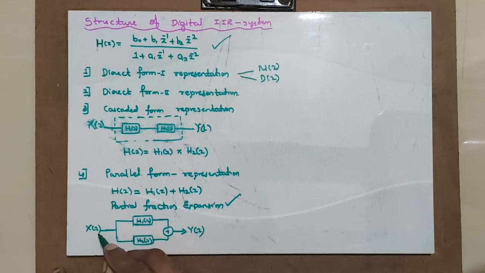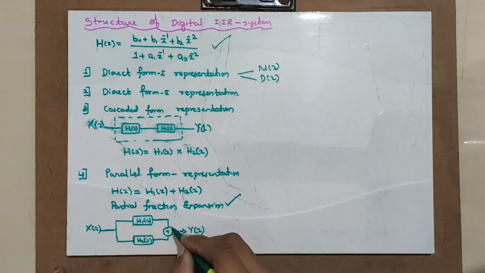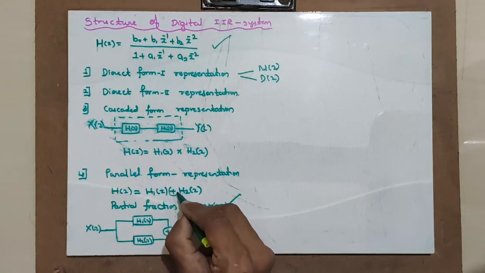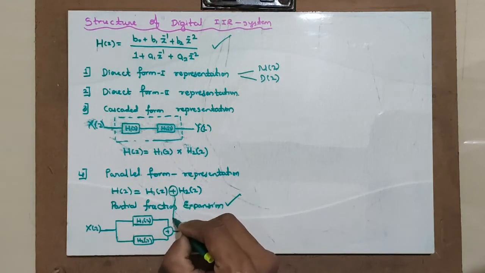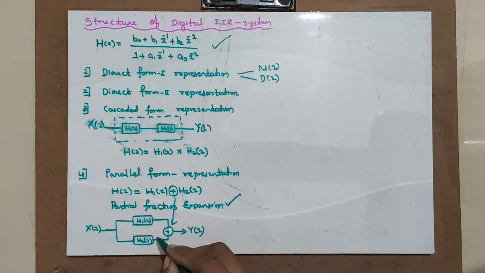The structure will have a common input X(z) for all the individual H1(z), H2(z), etc., and there will be one summing point which adds all of them and gives the output.